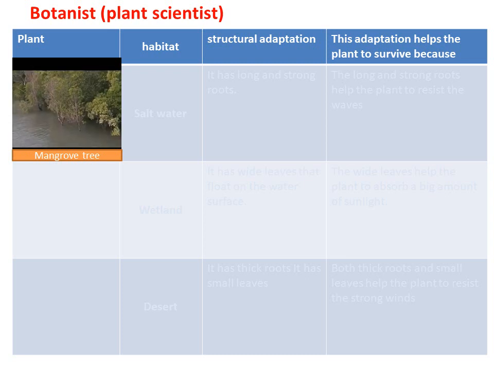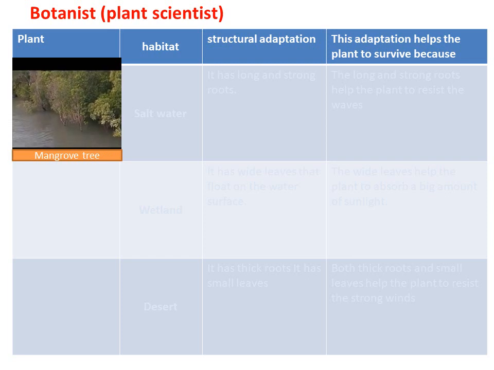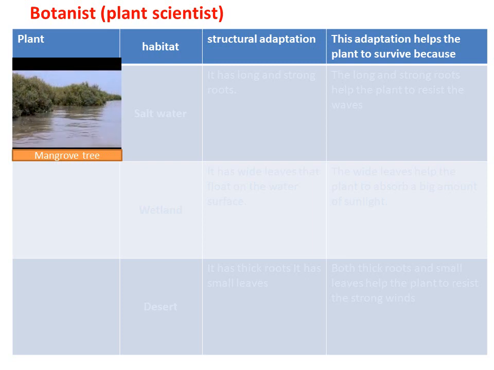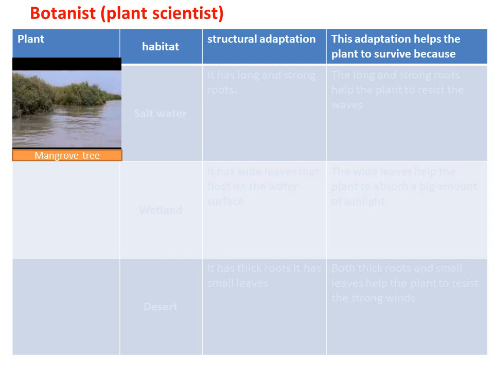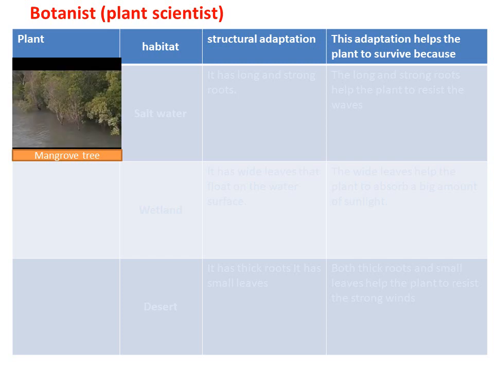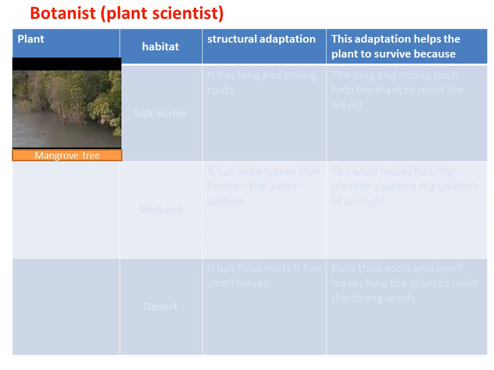These long strong roots help the plant to resist the waves. As you can see, it lives in the salt water, and there are a lot of waves. Strong waves could wash out the plant. But what helps this plant to stay in the water is the long strong roots.